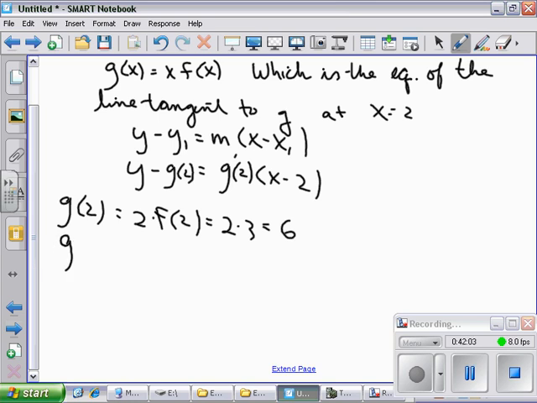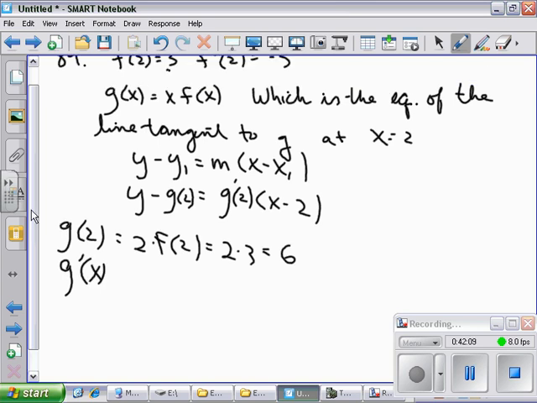Before I can get g prime of 2, I need to get what g prime of x equals. What am I going to have to do to get g prime of x? Product rule. Don't you dare multiply their derivatives separately. That is the worst thing you could ever do. First times derivative of the second plus second times derivative of the first.